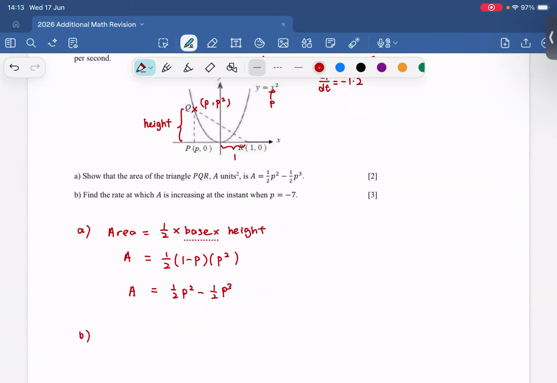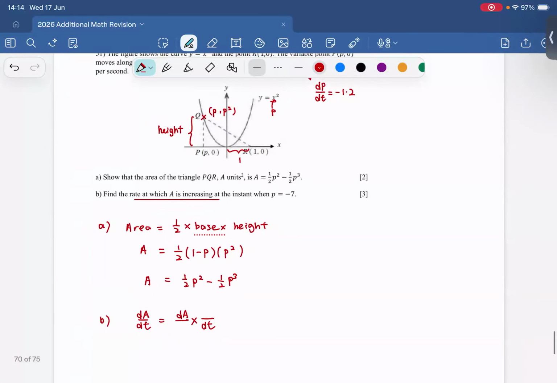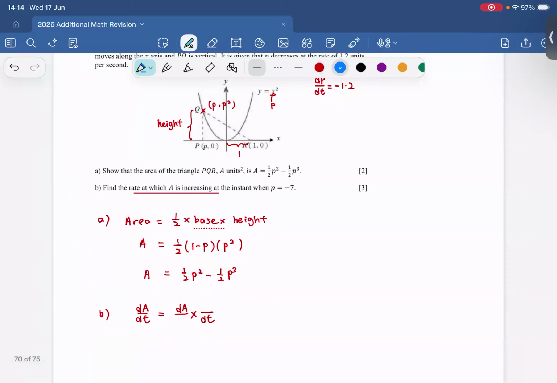Part B, find the rate at which A is increasing at the instant of this. So when we see this part of the sentence, we will know that the question wants us to find dA/dt. So you always establish your chain rule, dA/dt equals dA over something times something over dt. And in this question, based on the information given, we will choose dP.